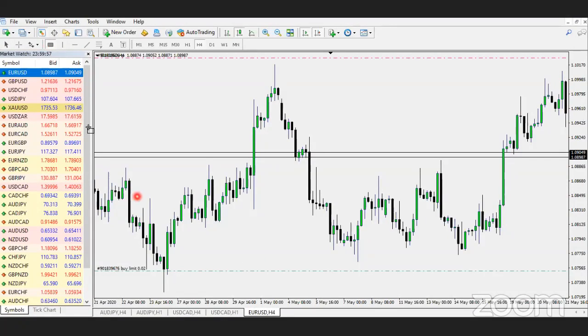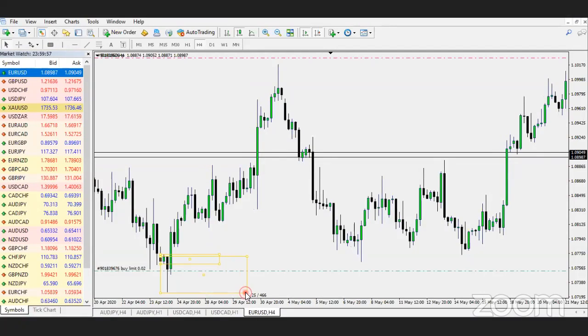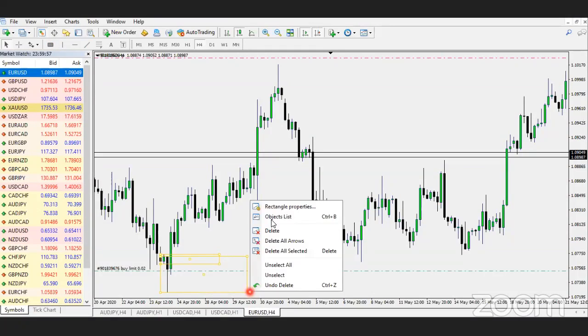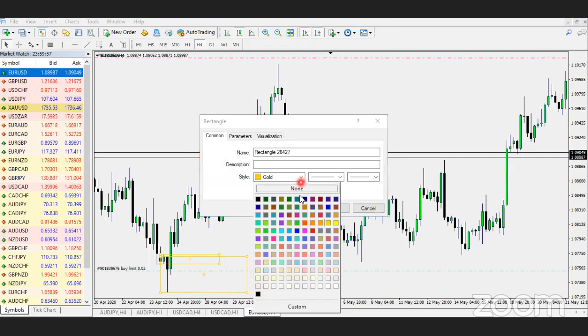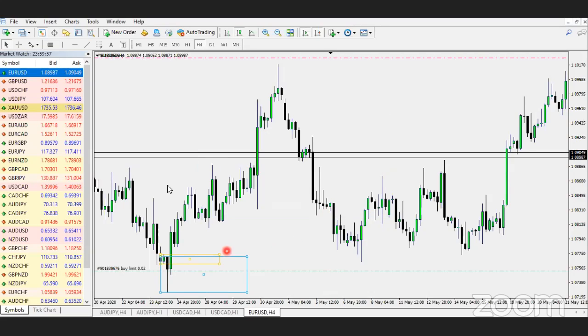This is a good example, actually, now that we're on EU. So we've marked up our breaker right there because price broke out. So this is our source. And inside our source, we will see that there's an order block.